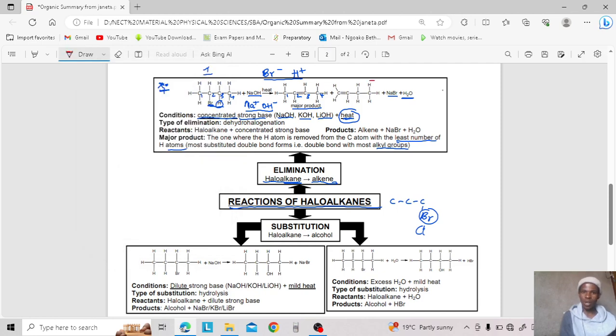So this one is not there, so this one I want is to show the minor product.